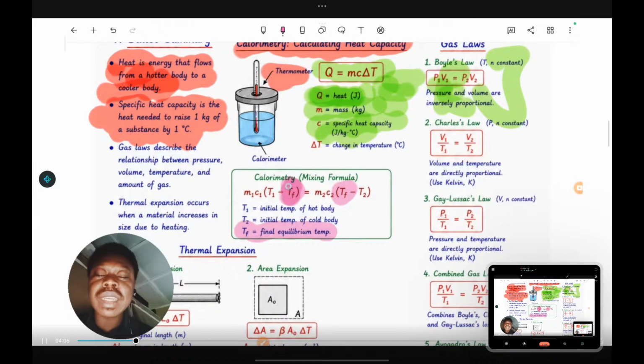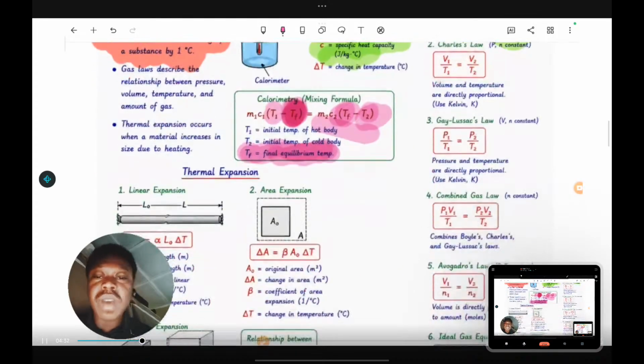For hotter substance, the equilibrium temperature becomes the final temperature, or it becomes the smaller because we have T1 to be greater minus the smaller. Then for the cooler substance, the equilibrium temperature is meant to be greater than the final temperature. Yes, so take note of this based on heat transfer.